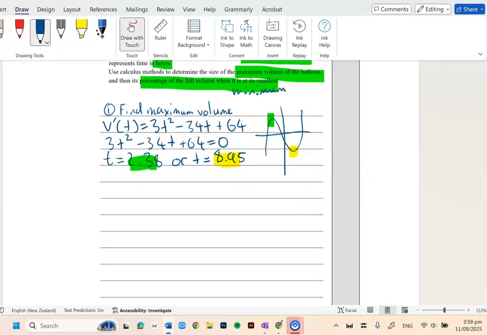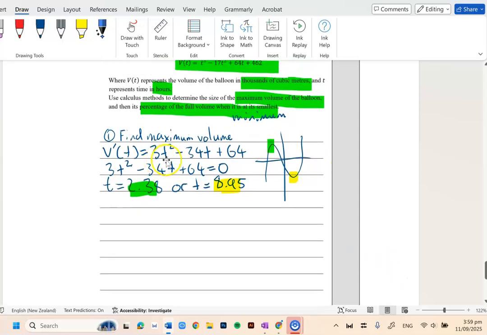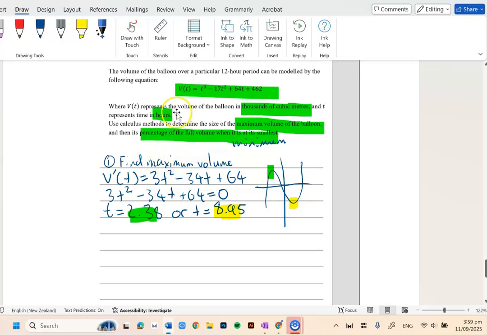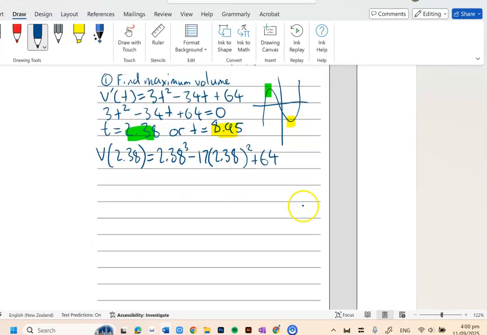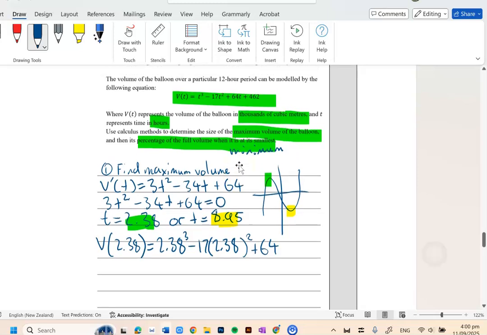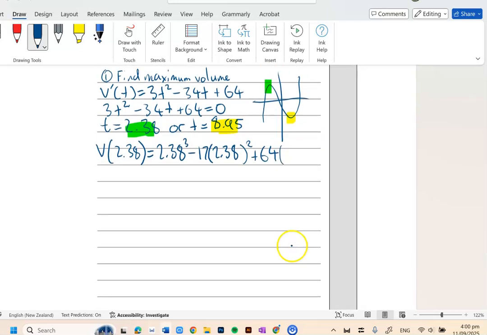So, to get the maximum volume, I think all we have to do is just plug it into this original equation. So, when t equals 2.38, V equals 2.38 cubed minus 17 times 2.38 squared plus 64 times 2.38, plus, what was that at the end? 462.